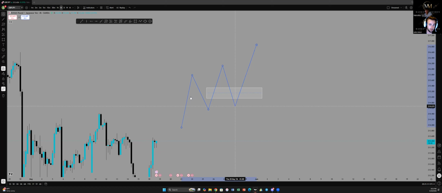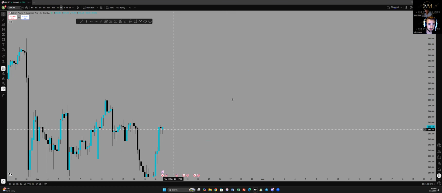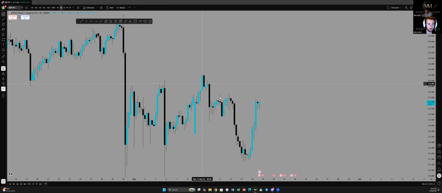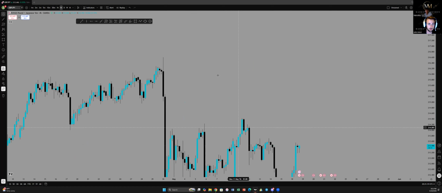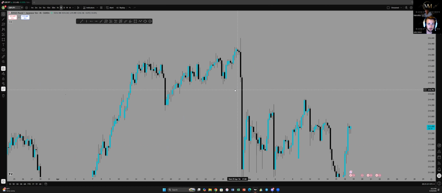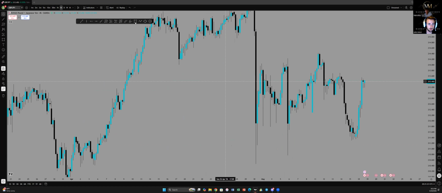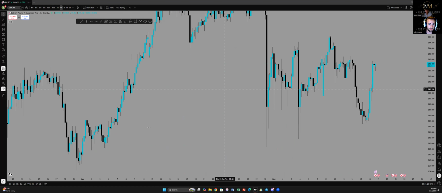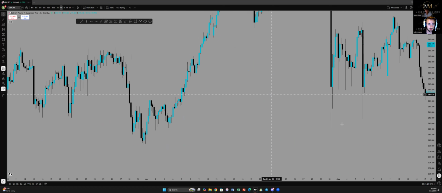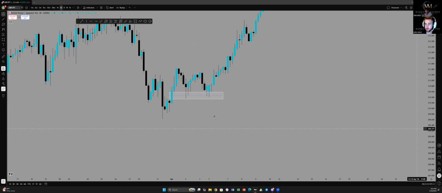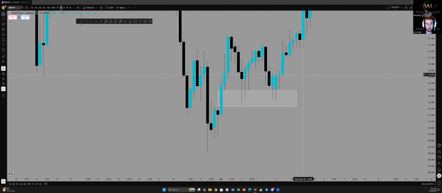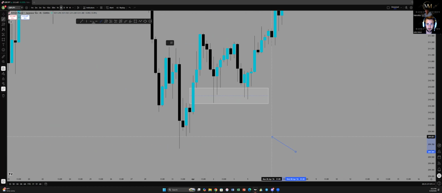Now, if there's wicks left behind, let me see if I can get a scenario for you real quick. Kind of like this. Imagine if this wick right here, zoom in on this, if this wick right here would have come down to here, that's fine.